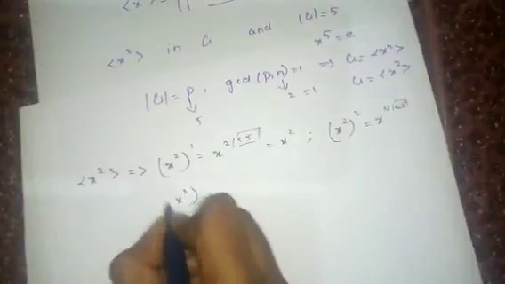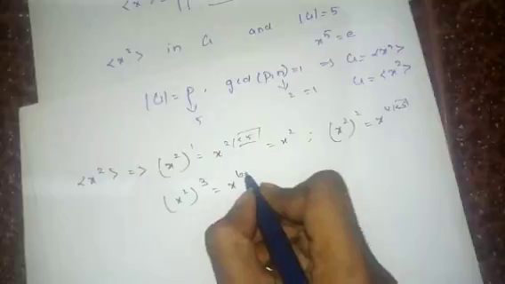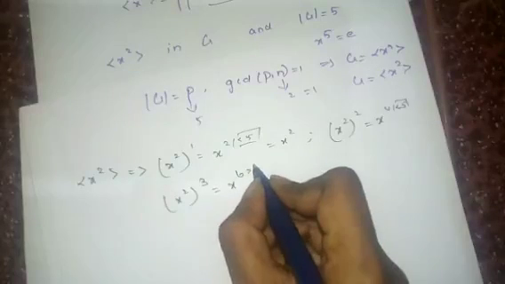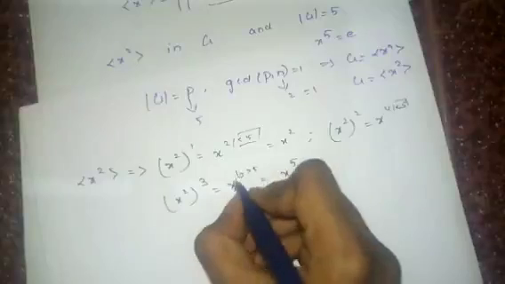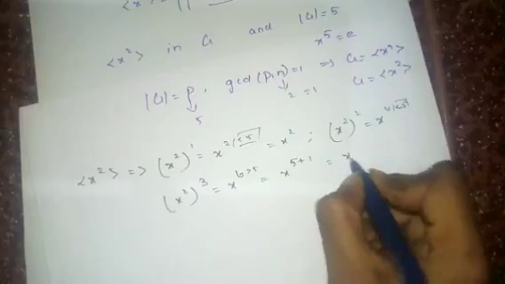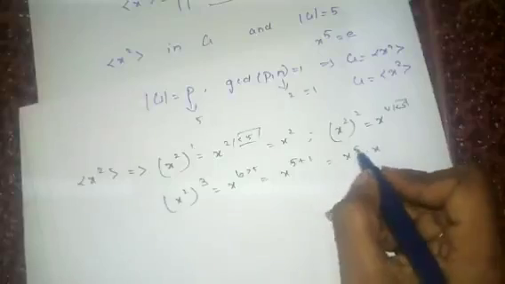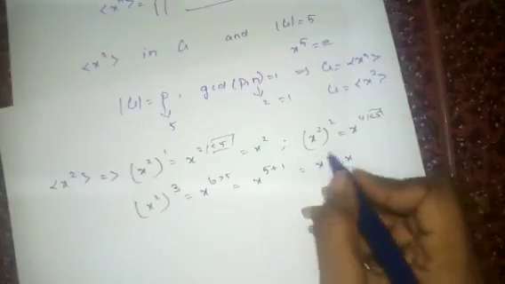X power 2 the whole power 3 is equal to x power 6. Since this is greater than 5, I am going to split this 6. So I can write this 6 as 5 plus 1, which is equal to x power 5 into x. Since x power 5 is equal to e, e into x is equal to x.